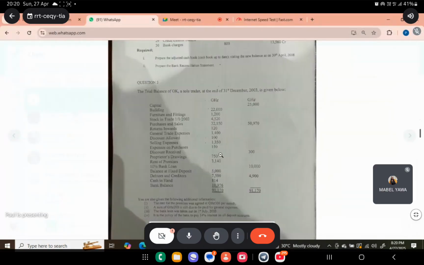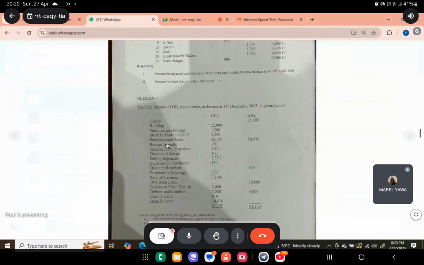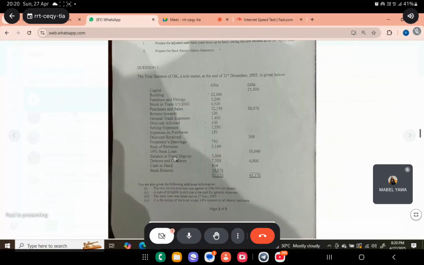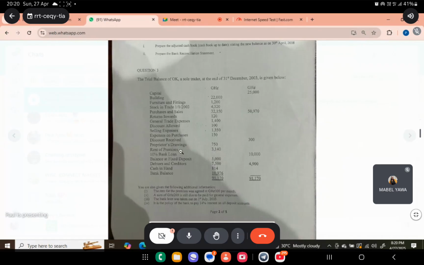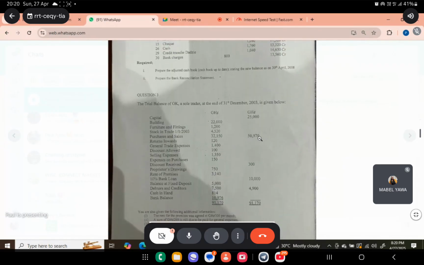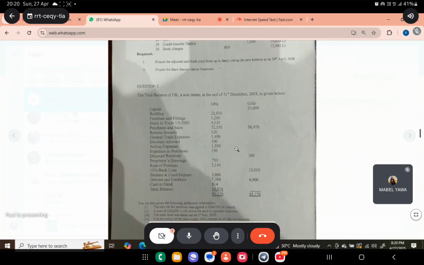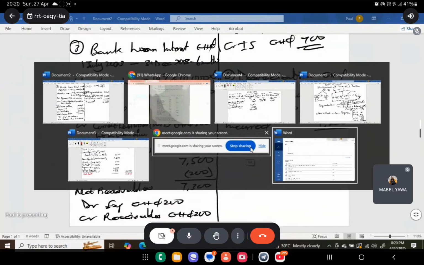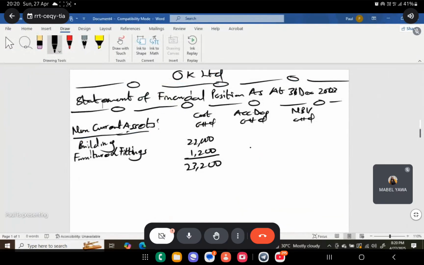If there is any depreciation provision over there, that's accumulated depreciation in the question, and you add it. But with this question, there is none, so you just bring the 1,100 for building and the 120 for the furniture and fitting. So you get 1,220.